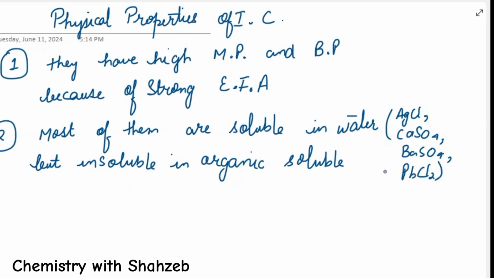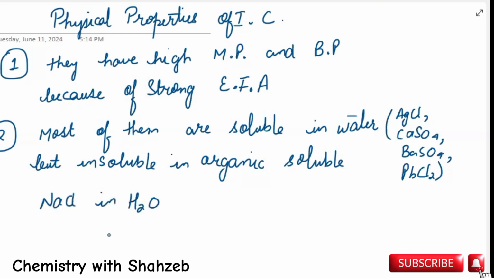But why are they soluble in water? The reason is that, for example, if we have sodium chloride and we dissolve it in water, what happens here? Water has this kind of structure. It is having partial negative charge on oxygen and partial positive charge on hydrogens. In NaCl, Na is having positive charge and chlorine is having negative charge.